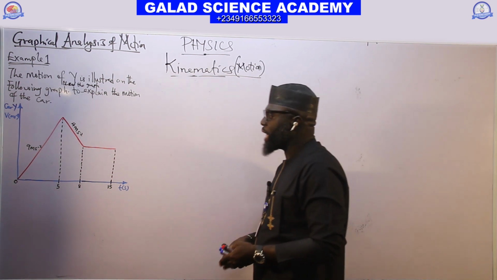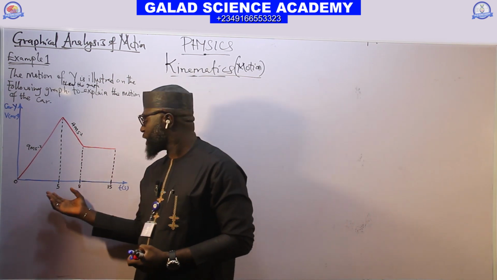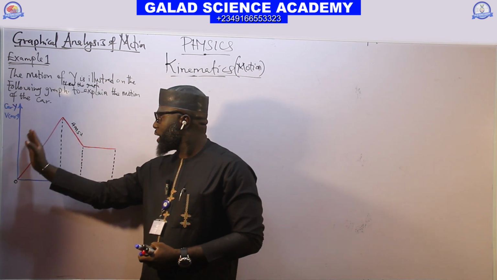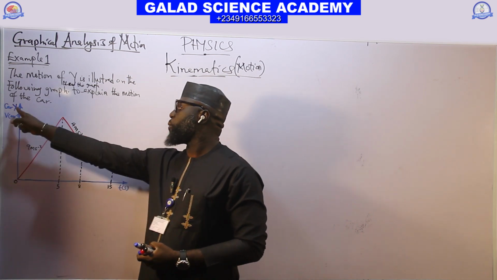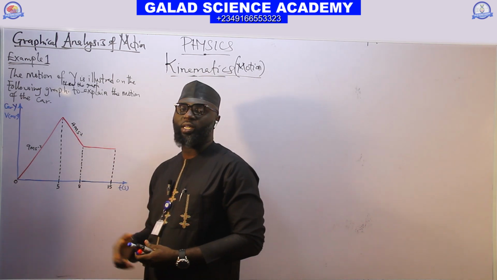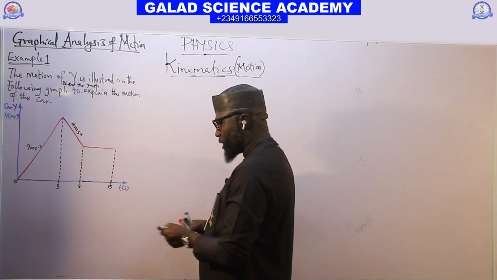So we are given this graph and we are asked to explain the motion of car Y in the graph. So the solution.